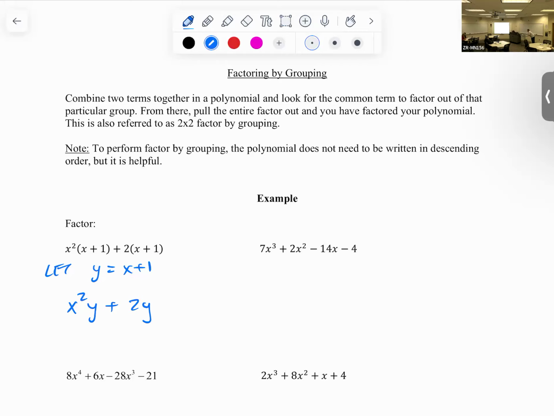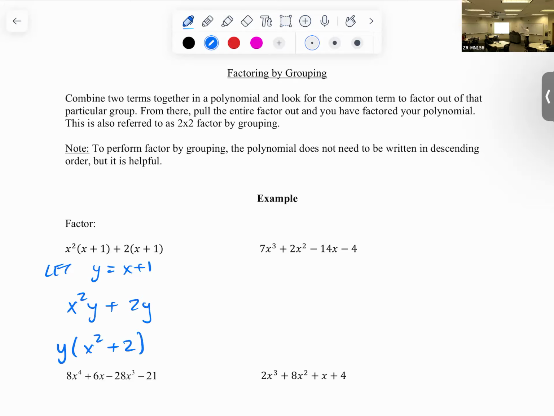If I do greatest common factor there, what would I pull out? Y times x squared plus 2. Just the y. Yes, you already did it all the way down. I would pull out the y, which results in y times x squared plus 2.